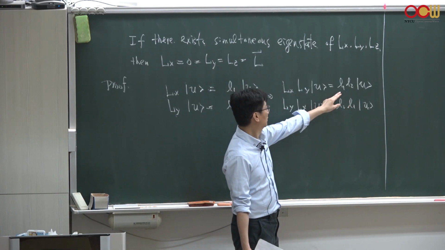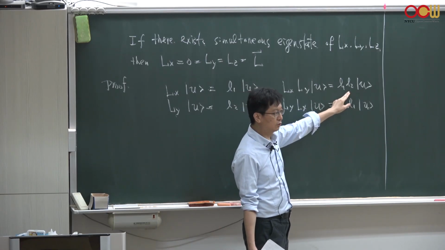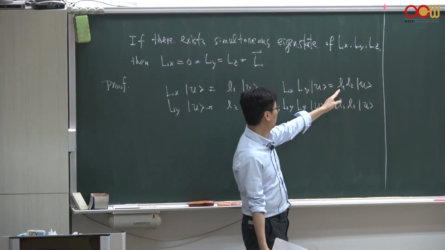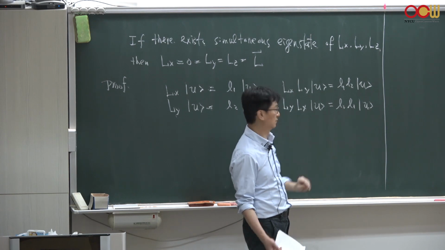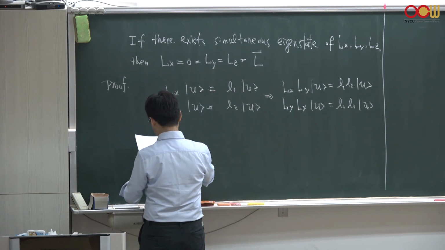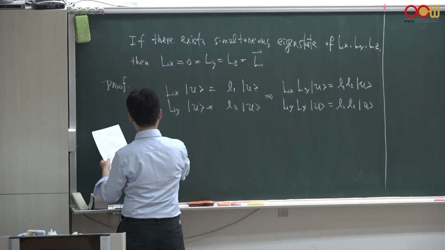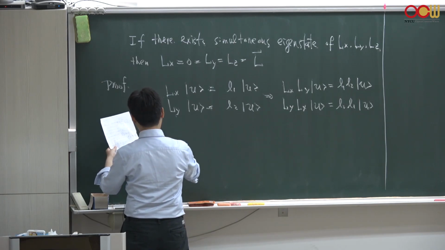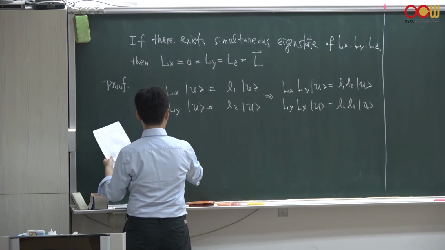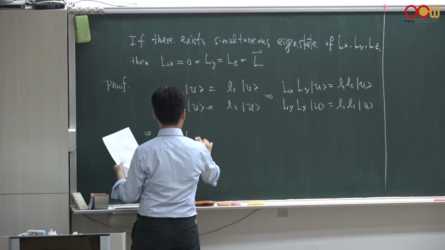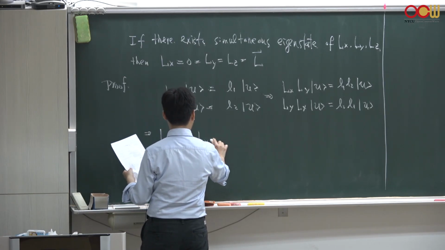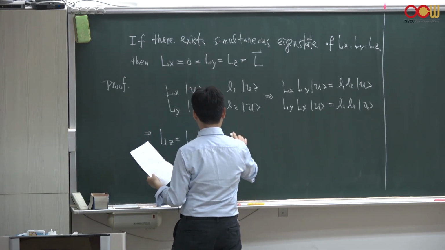But since little l1 and little l2 are simply numbers, l1 l2 is the same as l2 l1, right? As a result, you simply subtract one from another, which gives Lz: Lx Ly minus Ly Lx.